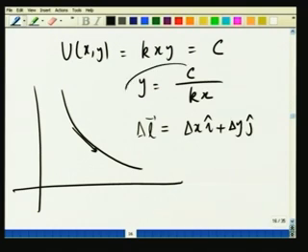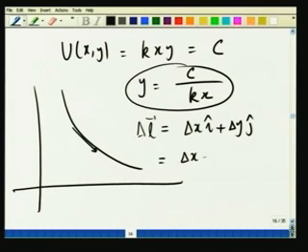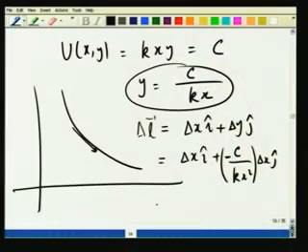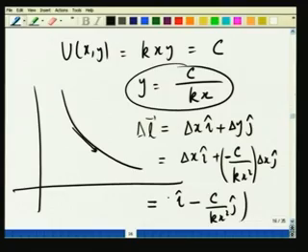But because of this relationship, delta y is going to be minus c over k x square delta x j. So that if I move along the contour, delta L is going to be i minus c over k x square j, delta x at a given point x.